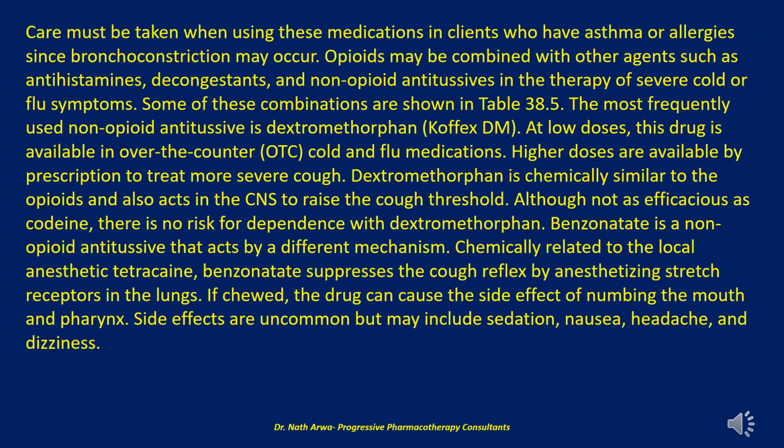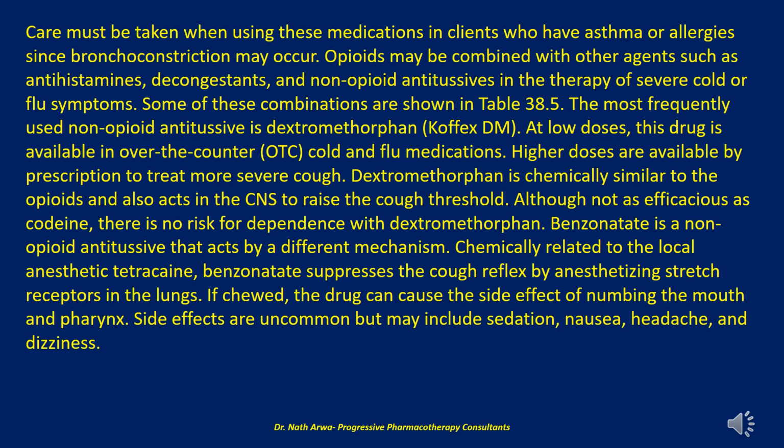Care must be taken when using these medications in clients who have asthma or allergies since bronchoconstriction may occur. Opioids may be combined with other agents such as antihistamines, decongestants, and non-opioid antitussives in the therapy of severe cold or flu symptoms. Some of these combinations are shown in Table 38.5.